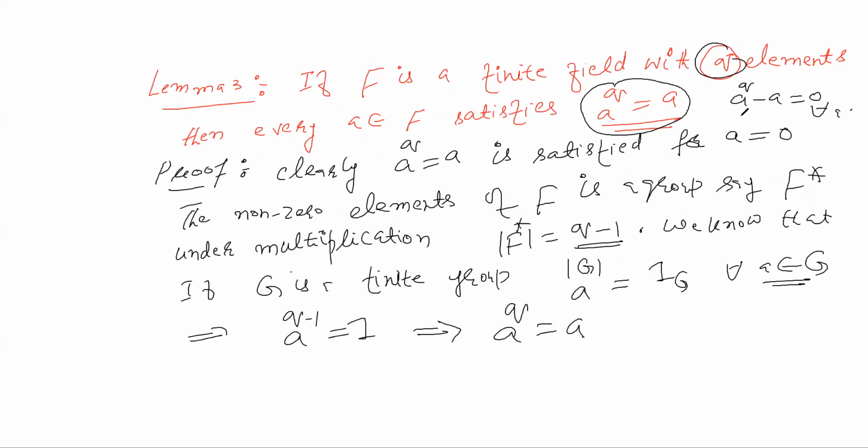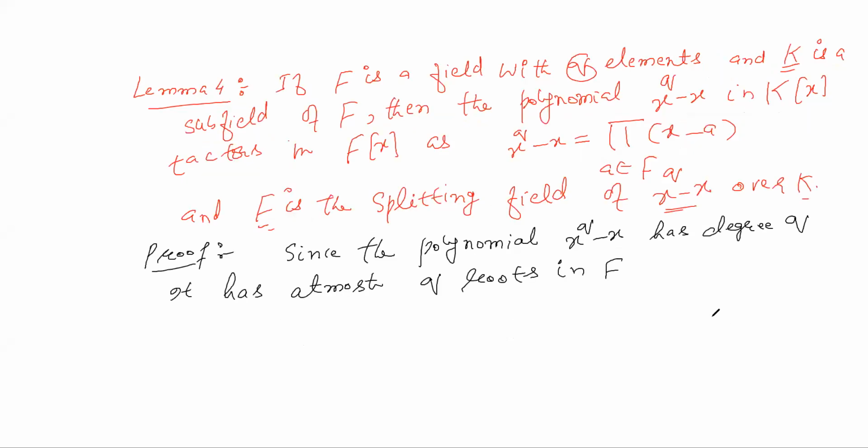So what does it mean? It means that a satisfies this polynomial x raised to power q minus x. So by the previous lemma, every element of F is a root of this polynomial.